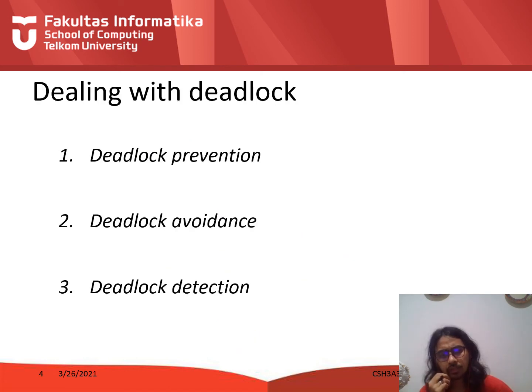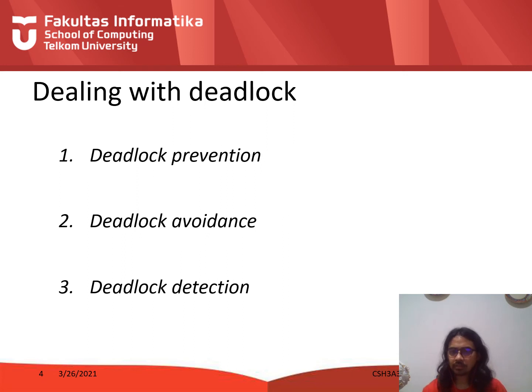So when deadlock happens, what should we do? There are 3 ways of dealing with deadlock. The first way is to prevent deadlock from happening. The second way is to avoid the deadlock, and the third one is to detect the deadlock.